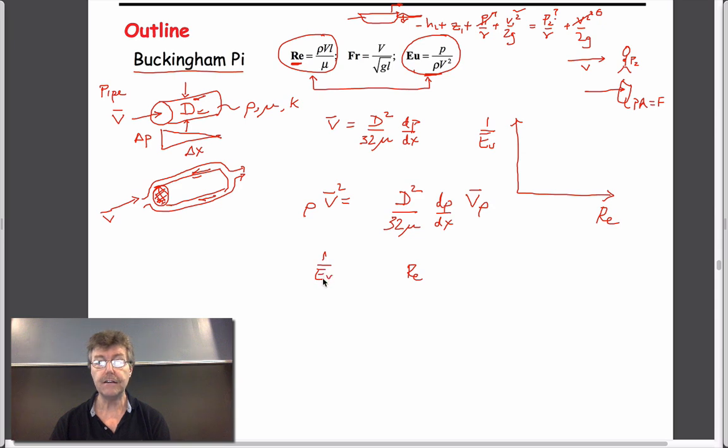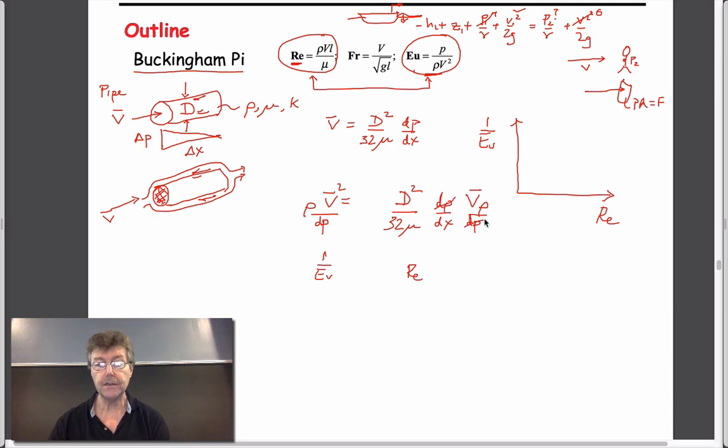It needs to have pressure on the bottom. So let's divide both sides by dp. Okay. And so now, certainly this is pressure divided by rho v squared. So reciprocal Euler number.